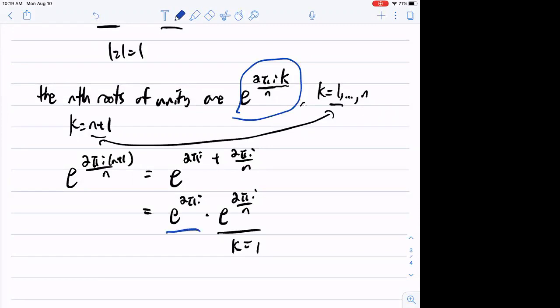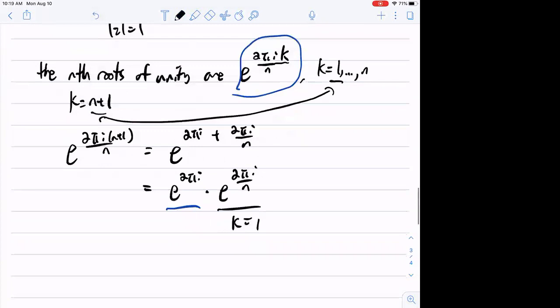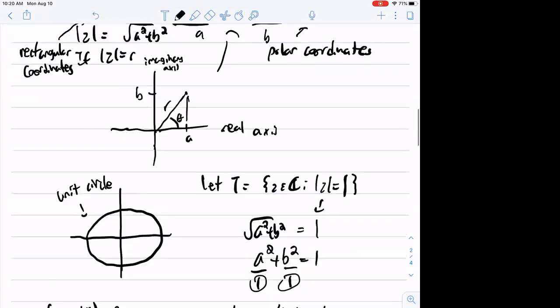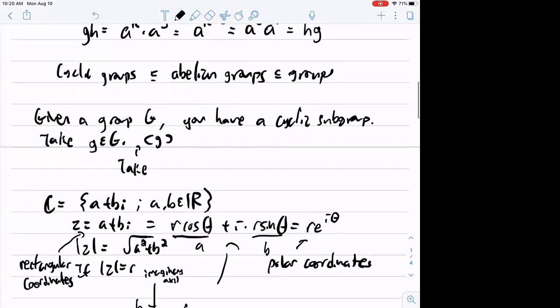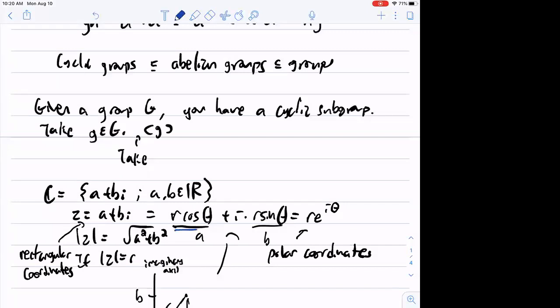Now, what is this term? Well, this term is actually just 1. Why? Because if I go back to this, forget the r, r is 1 because it's the unit circle.